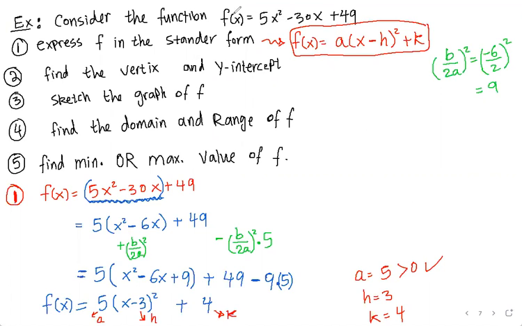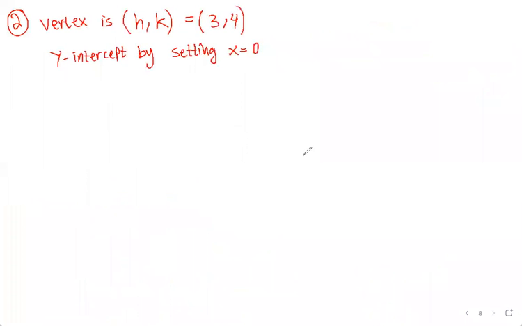So I can use this equation or this one. Both of them are right. I can use this one to plug the 0, or I can use this one to plug the 0, and both of them give me the same answer. But I'm choosing this one because it's easier to plug the 0 here. So by setting x equals 0, f of x equal 5x squared minus 30x plus 49, plug the 0, f of 0 equal 49.